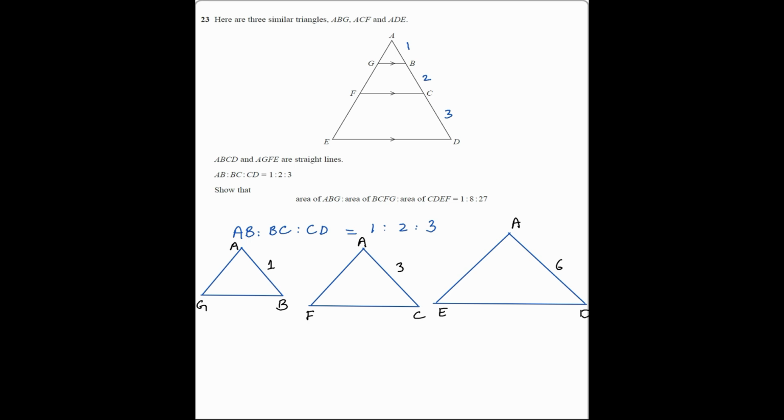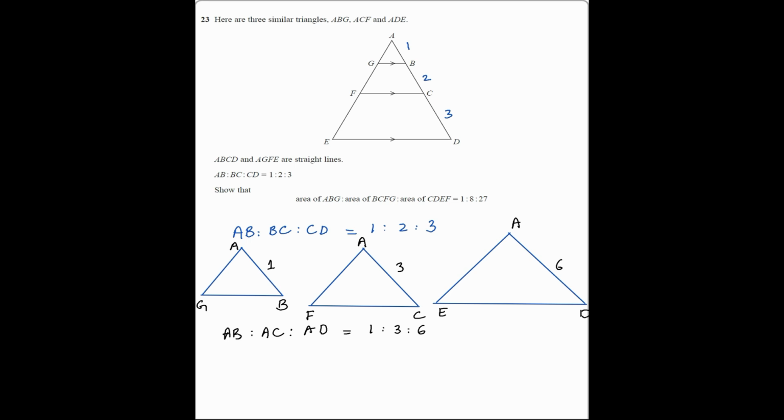So AB is to AC is to AD equals 1 is to 3 is to 6. AB is 1, but if you consider AC, 1 plus 2, AC will become 3.